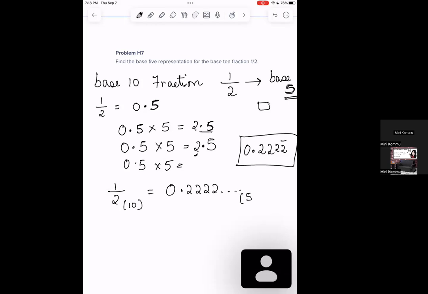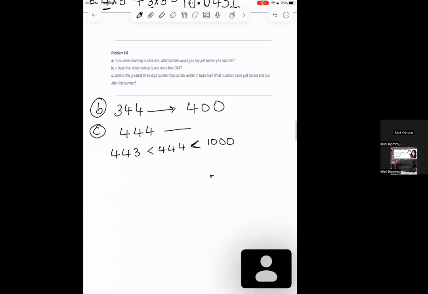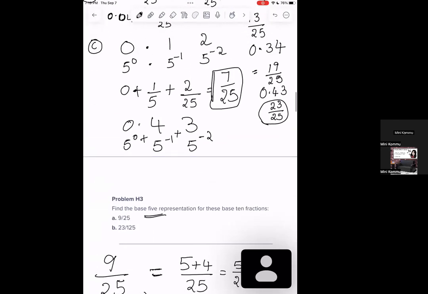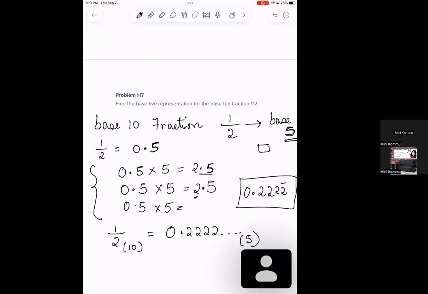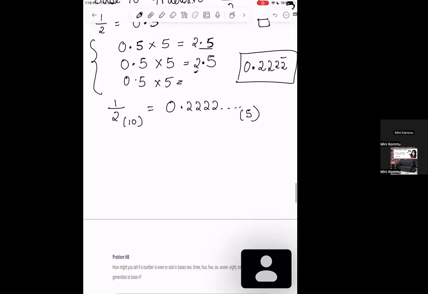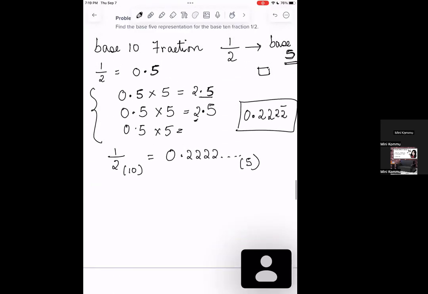When you think about it, this procedure is exactly the opposite of what we did over here. We're just reversing that. And what are we doing? We're just multiplying with base 5 and putting our answer down. So when I multiply 0.5 with 5, I'm getting 2.5.